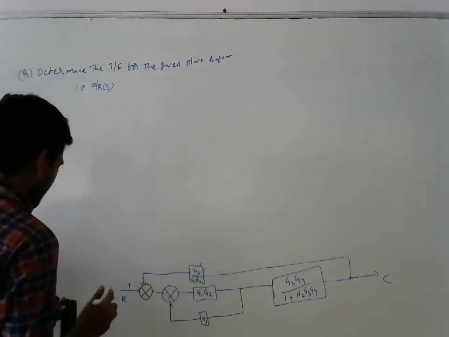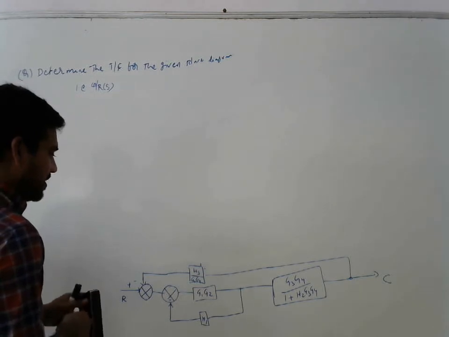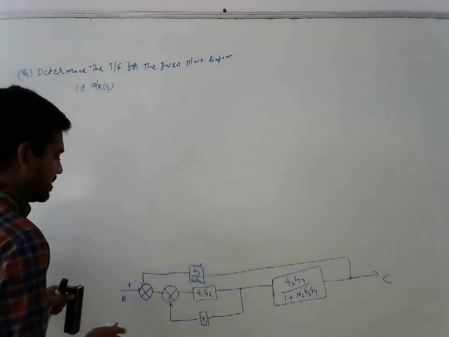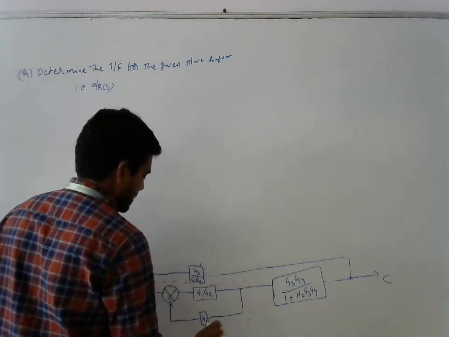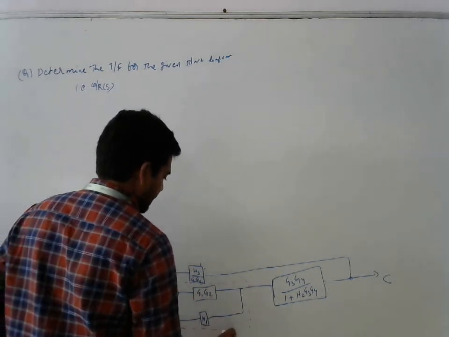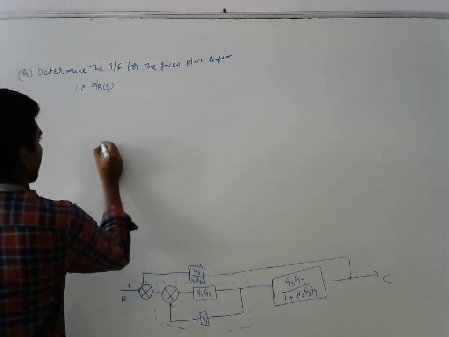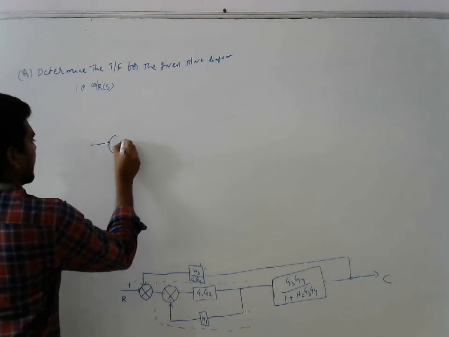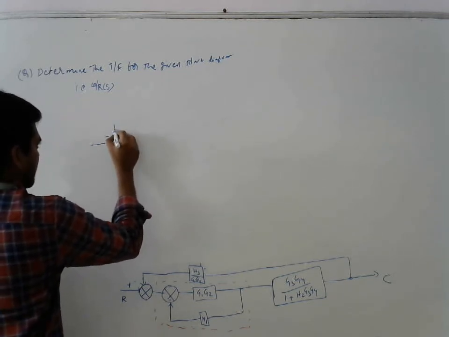Again, this will become a feedback. Which feedback? Negative feedback. The red color indicates negative feedback. Again, I am redrawing. This is your negative feedback.